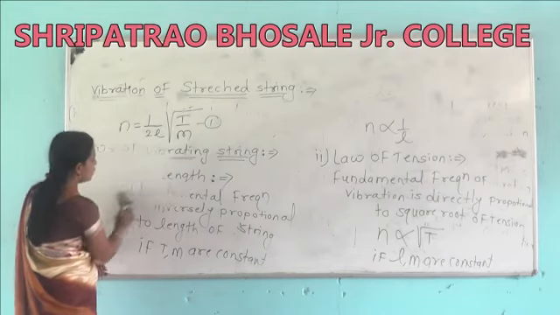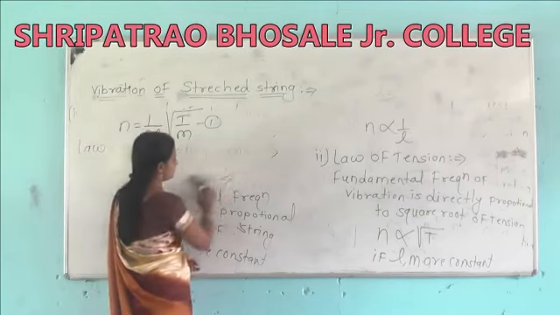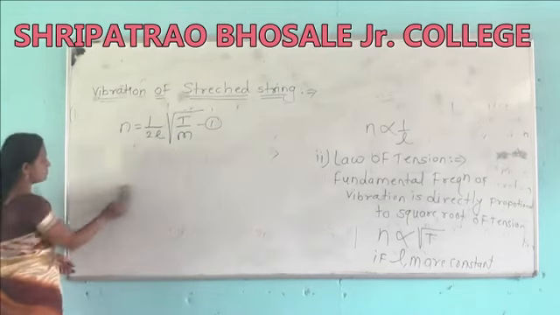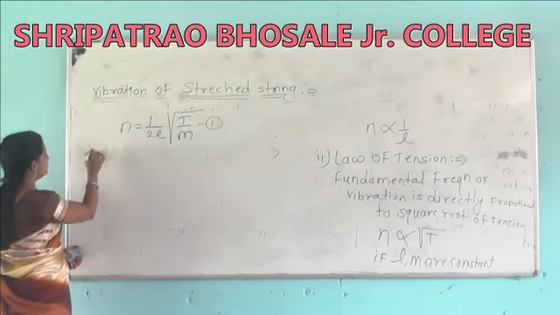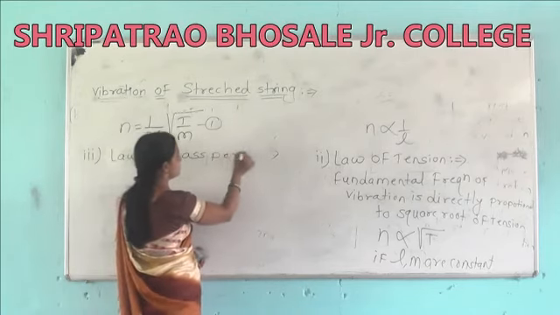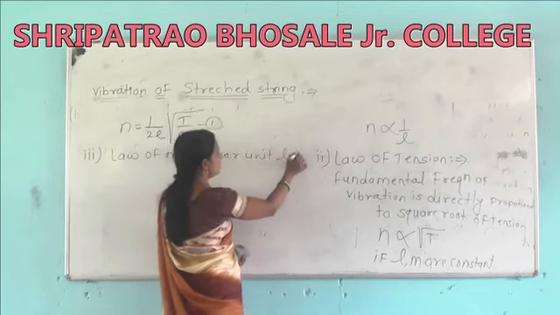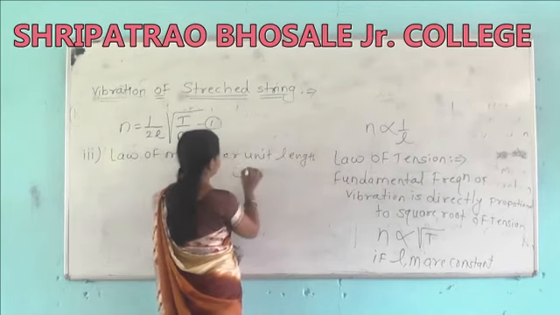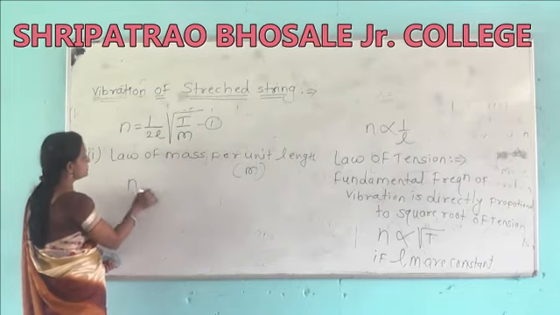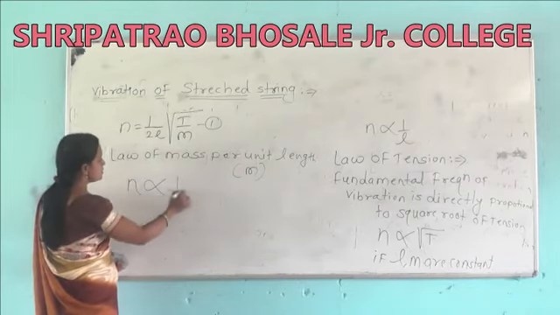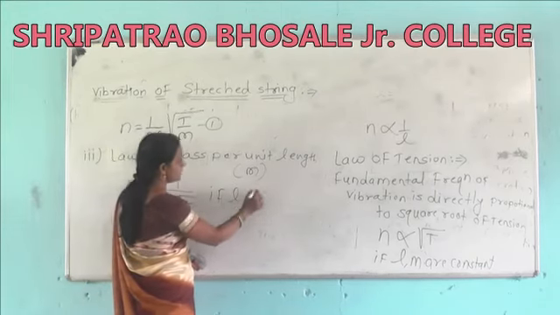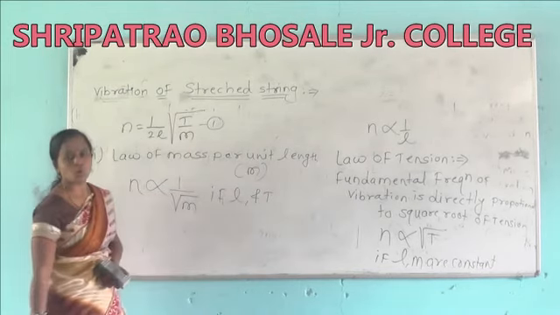Then the third law, the law of mass per unit length or linear density, that is M. In this case, N is inversely proportional to the square root of M, if L and T are constant.